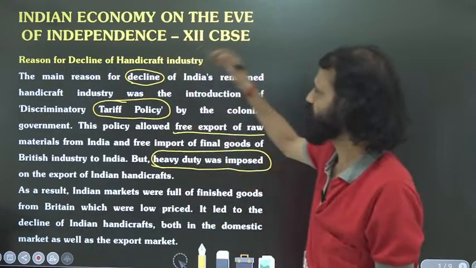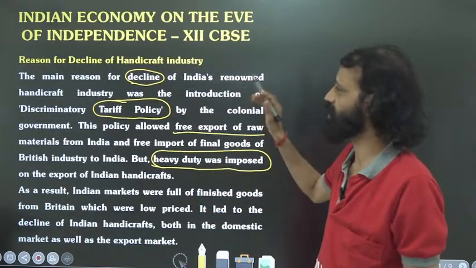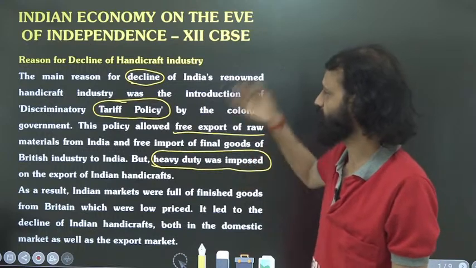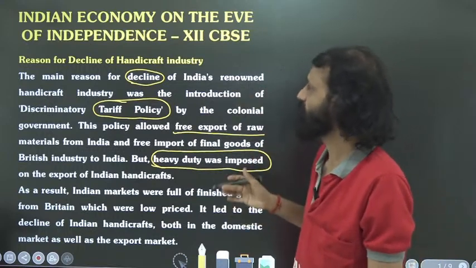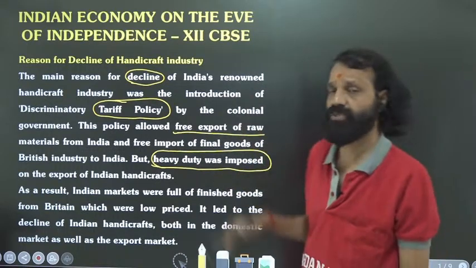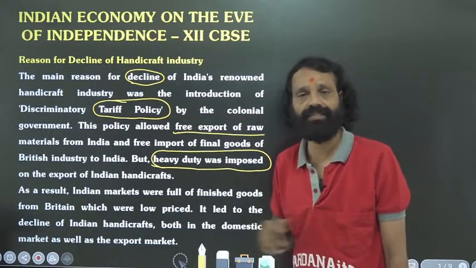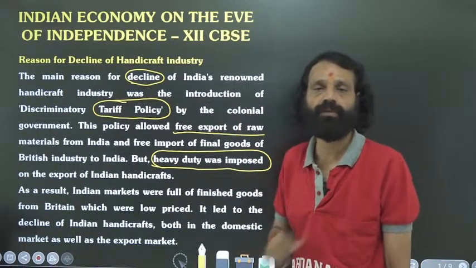We are studying the Indian economy on the eve of independence. The Britishers ruled India and they destroyed India's economy completely.